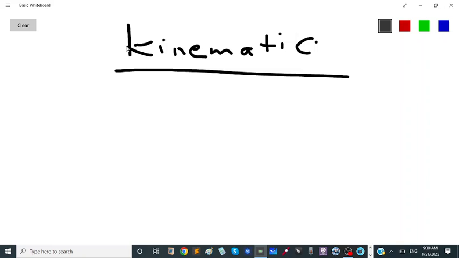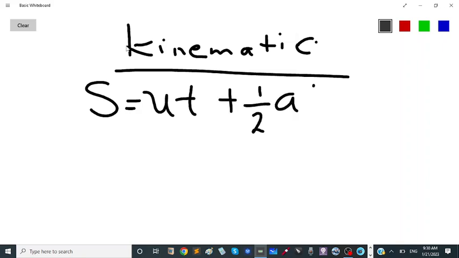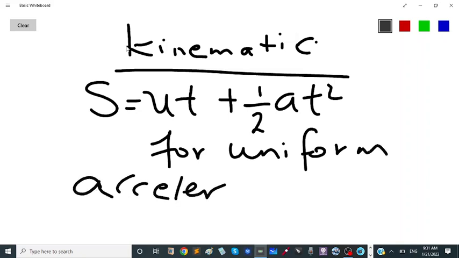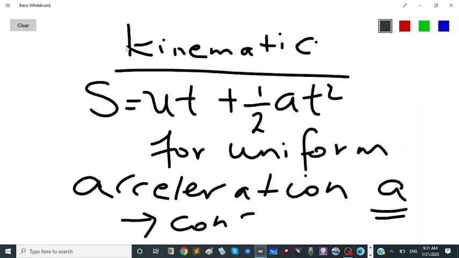Now from kinematics we know that displacement is given by initial velocity times t plus half of a t square, for uniform acceleration. Uniform means constant, that is constant acceleration.